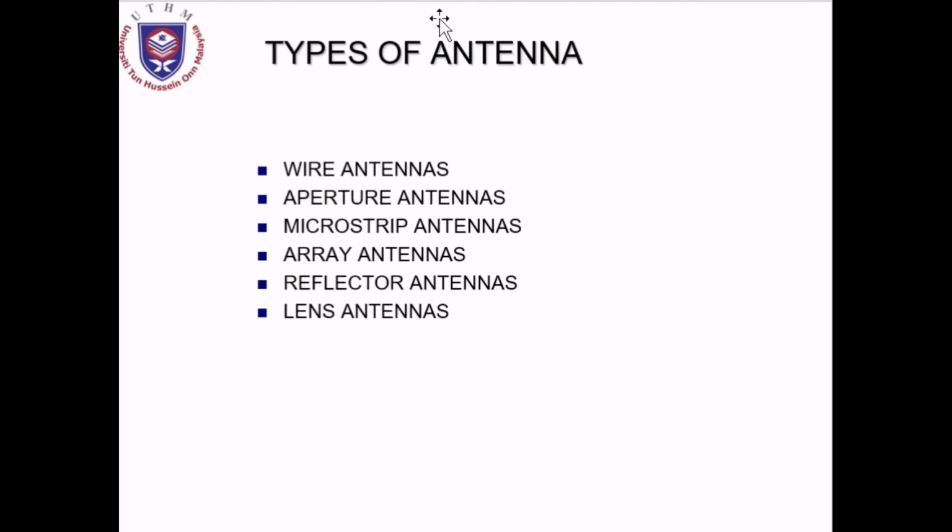Sometimes they also use microstrip antenna. For Astro and VSAT communication, it uses reflector antenna because reflector antenna produces a higher directional radiation pattern.